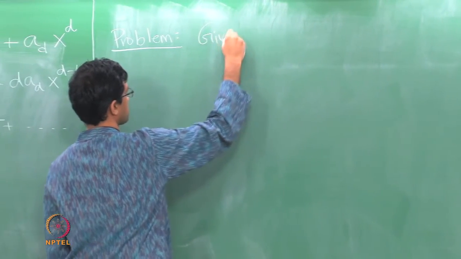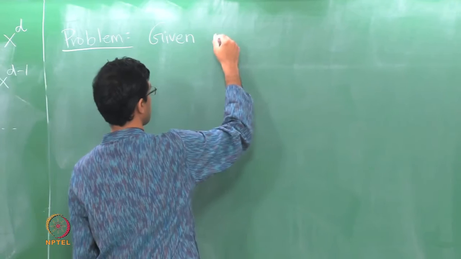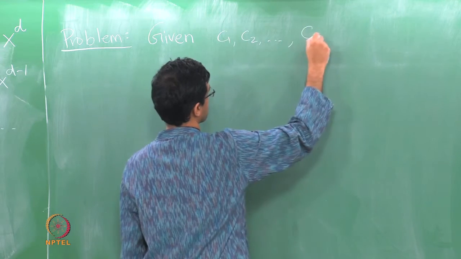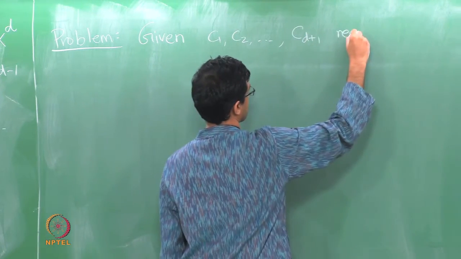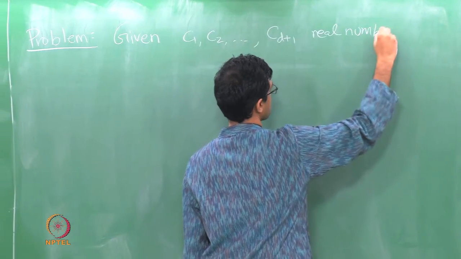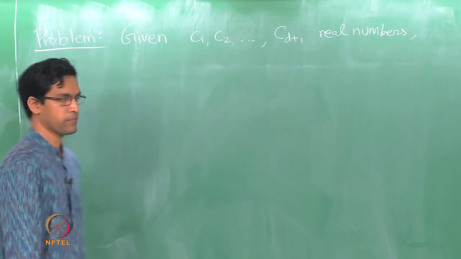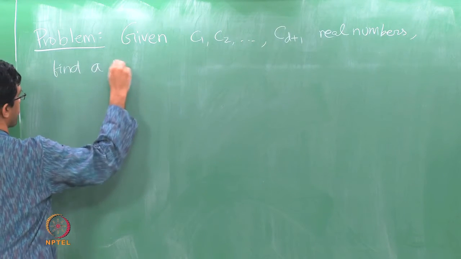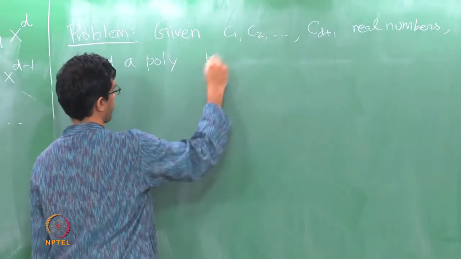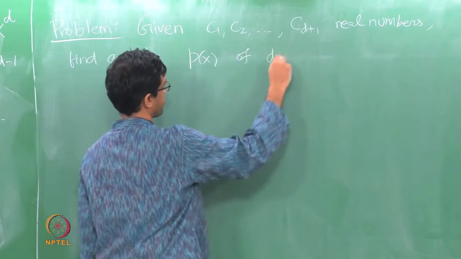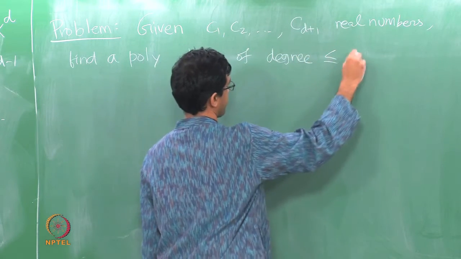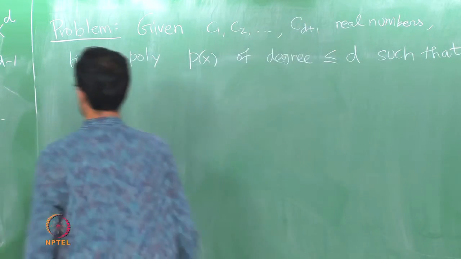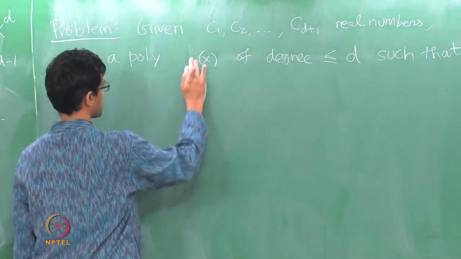Again it shares some aspects with the interpolation polynomial given real numbers. So let me call them C1, C2, so given d plus 1 real numbers, not distinct or anything, arbitrary real numbers, find a polynomial, maybe we will just call it f of x.